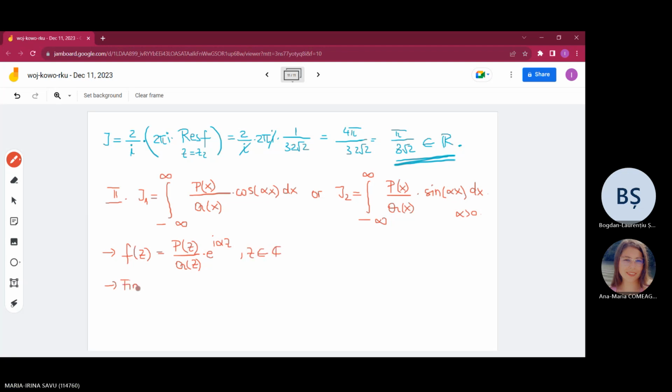Step 2: find the singular points of f and choose the singular points from the upper half plane.